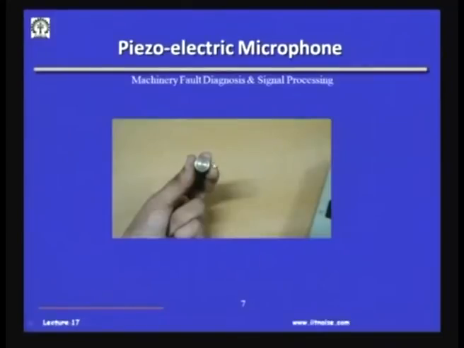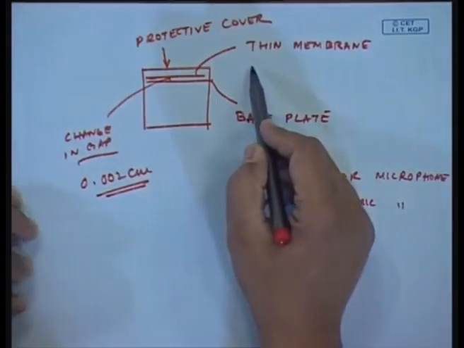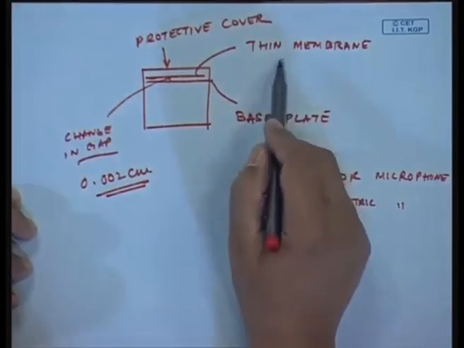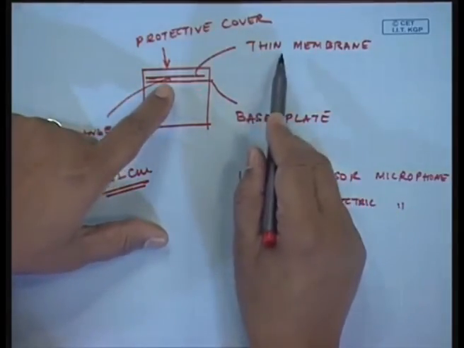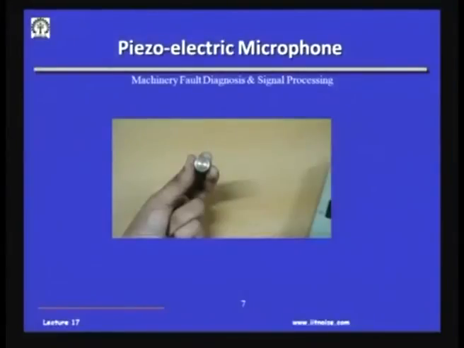So, these are the slots here, and below these slots is the diaphragm. Actually, this is a protective cover and it is always advisable not to remove it. This is possibly the thinnest foil you can ever imagine. Okay. Even if you blow hard, you may sometimes damage the membrane. Okay. So, this is why it is a very sensitive equipment. So, you have to be very careful, and thus this protective cover is advised not to be opened.